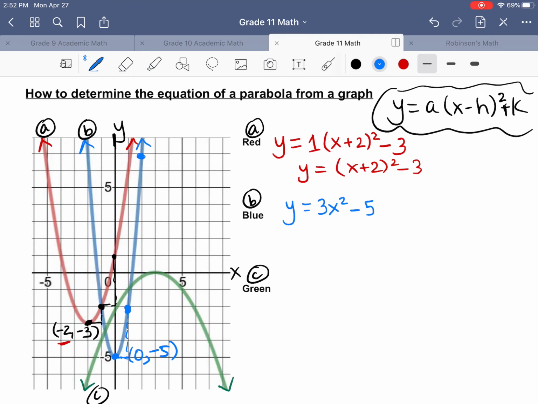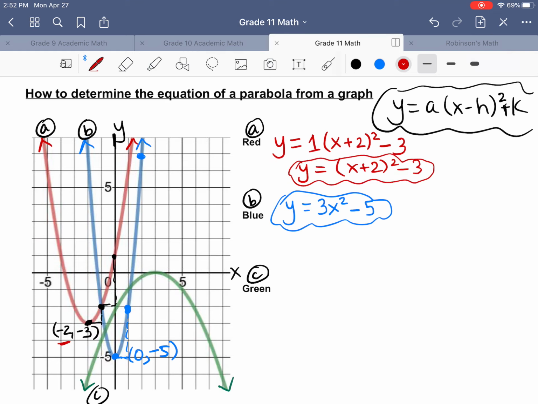We don't need the brackets because the x value of our vertex is 0, so we don't need to write x plus 0 squared in brackets. So this here is our final equation, and let's just bubble the one for the red one above.